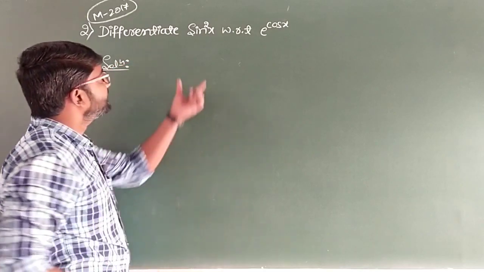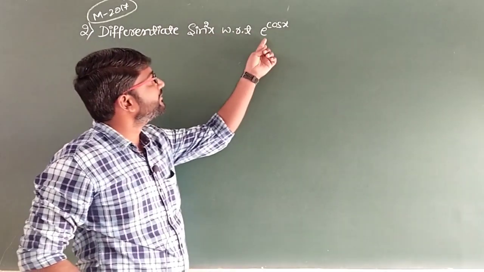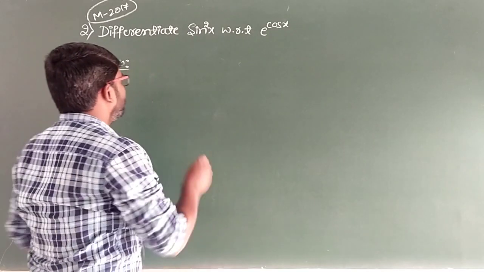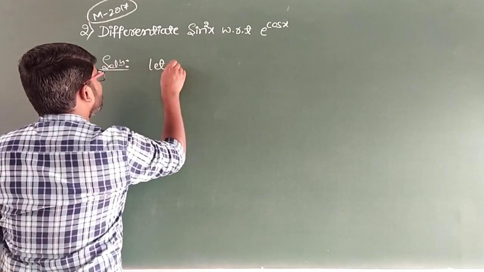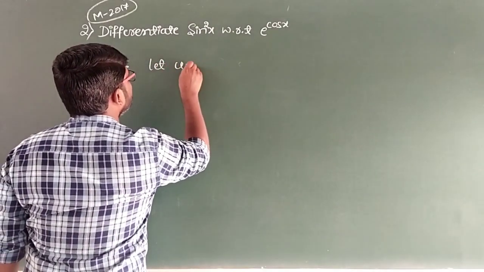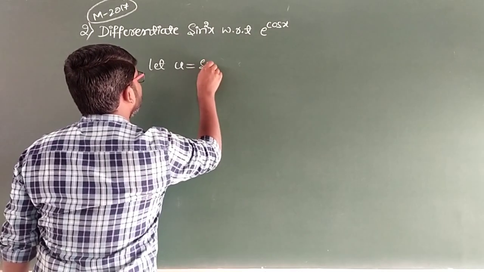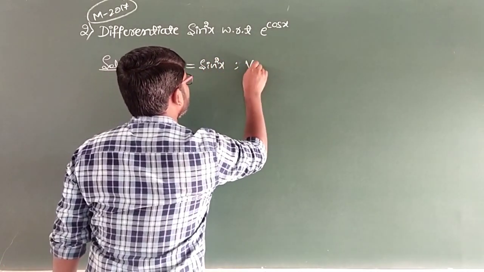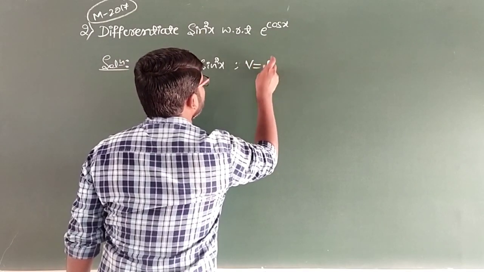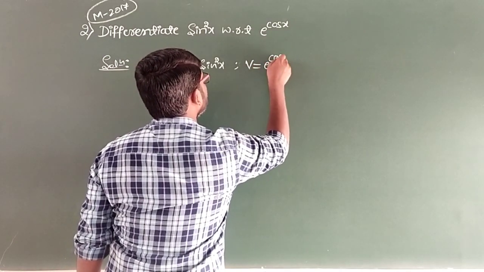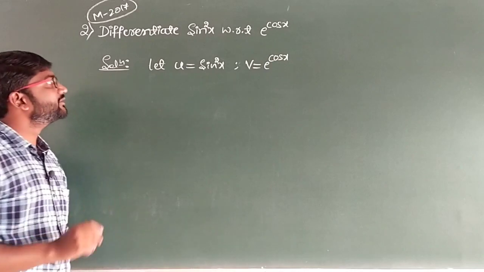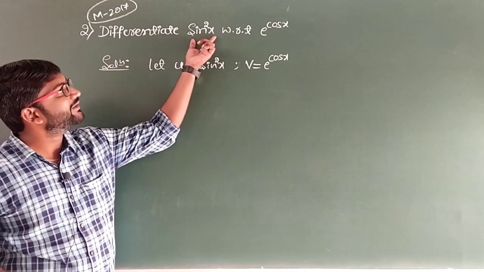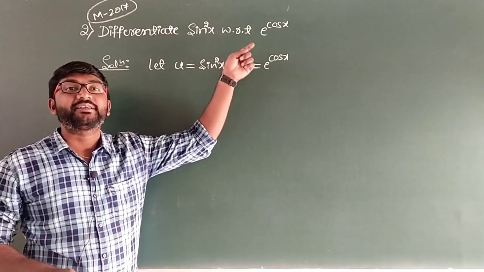I will take sin square x as u and e power cos x as v. Let u equal sin square x and v equal e power cos x. So read the question now: differentiate sin square x with respect to e power cos x.